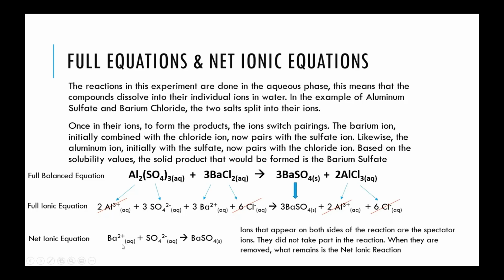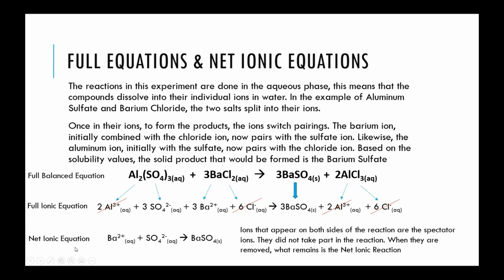And you could have, for the net ionic equation, 3 bariums plus 3 sulfates give 3 barium sulfates. But all of those would have the same coefficient out front. They're all 3. The same would be true if you had 2 sulfates plus 2 bariums equal 2 barium sulfates, or 1,000 sulfates plus 1,000 bariums equals 1,000 barium sulfates. The ratio for all of these is 1 to 1.